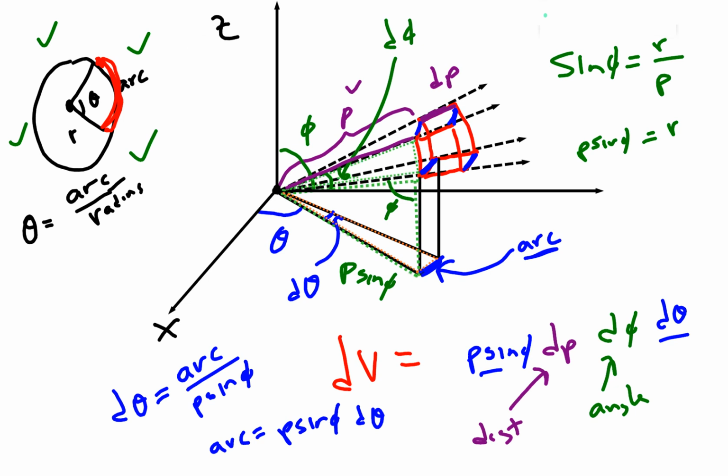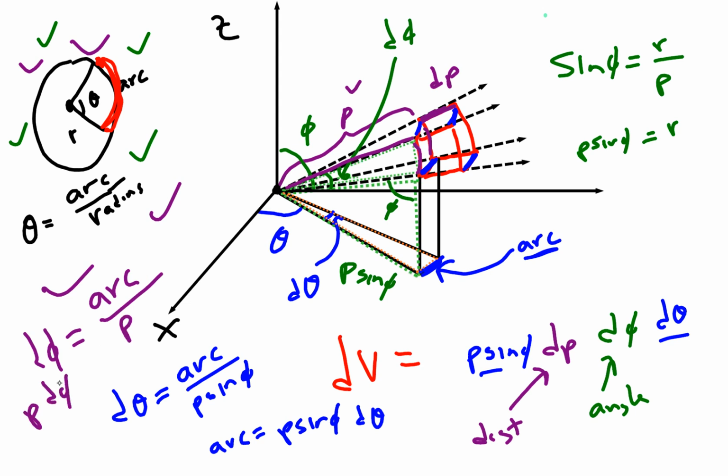So if we go back and utilize this idea up in the corner again, then we can say the following. We can say that d phi equals another arc, which are these purple arcs, over the radius, which is rho. So that's rho d phi.